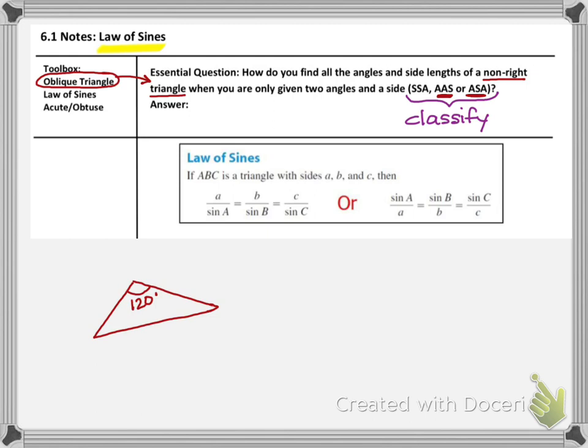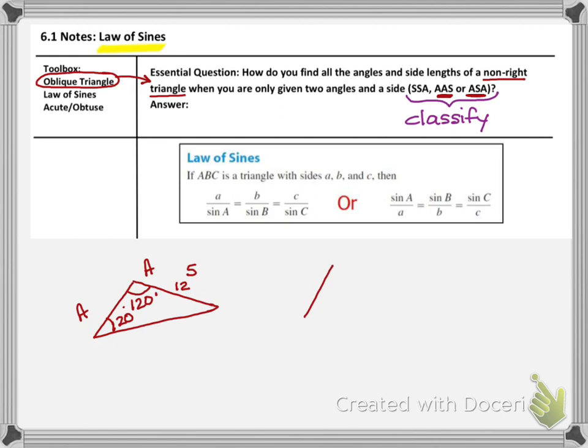And then this angle right here is given to you as 20 degrees. And for some reason, I can't draw those degree symbols. And then right over here, the length of this side is a 12. Okay? So in this situation, you have been given two angles and a side. So you have an angle over here, you have another angle right over here, and you have a side length given here. Well, that's an angle angle side.